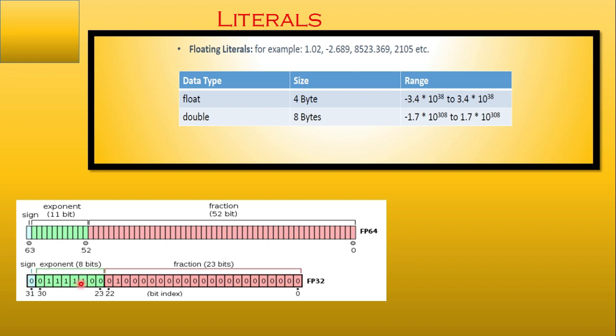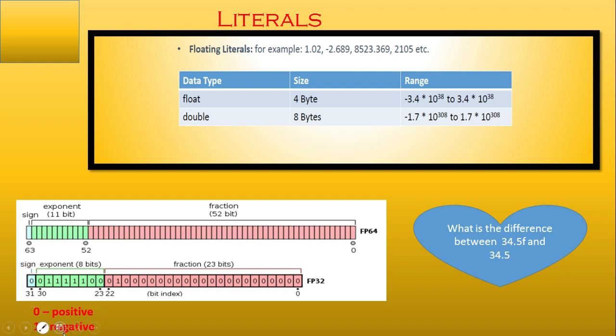So the first bit is used for only keeping the sign, whether it is plus or minus. Okay, when you see 0 over here, then it is a positive number. When you see 1 over here, then it is a negative number. Java does not support unsigned numbers.